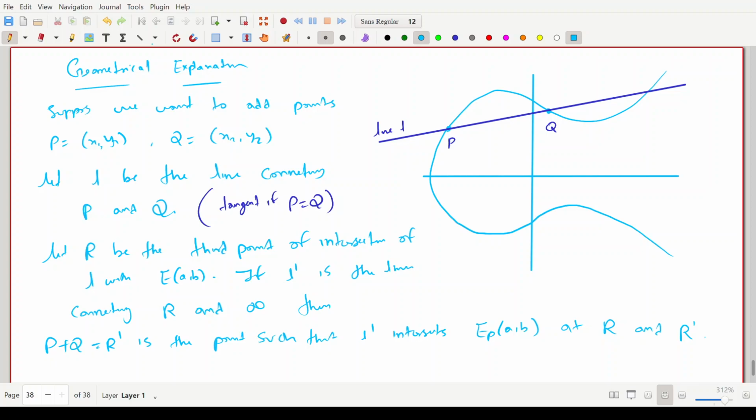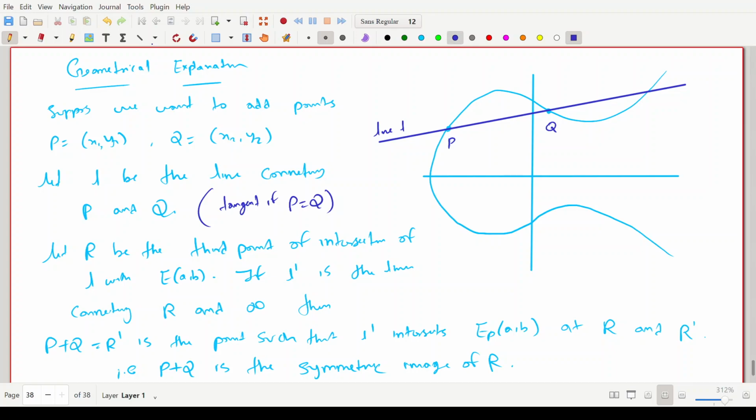Or in short, you can say that P plus Q is the symmetric image of R.